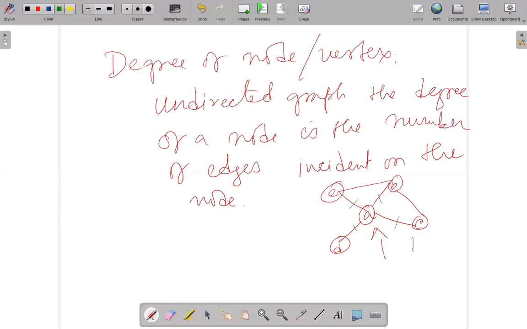Okay, so degree of A is 4. Sometimes this is represented as degree of node A in graph, say G, is 4.